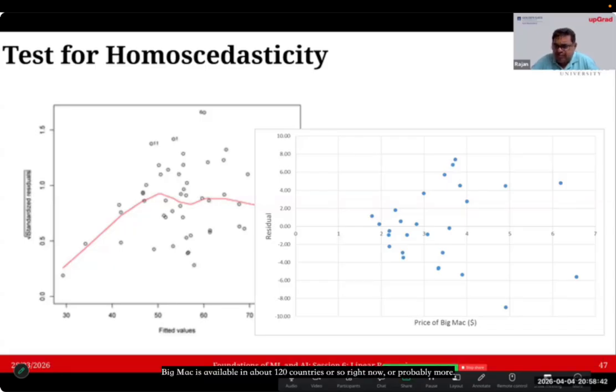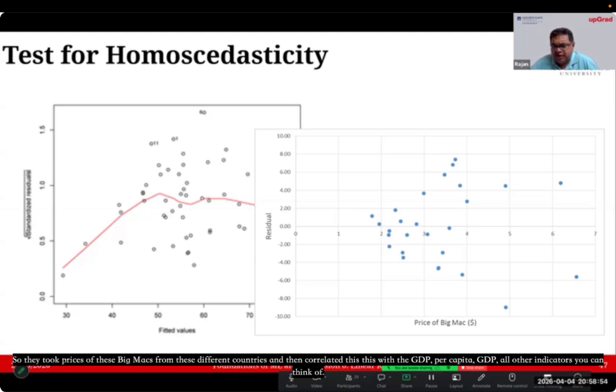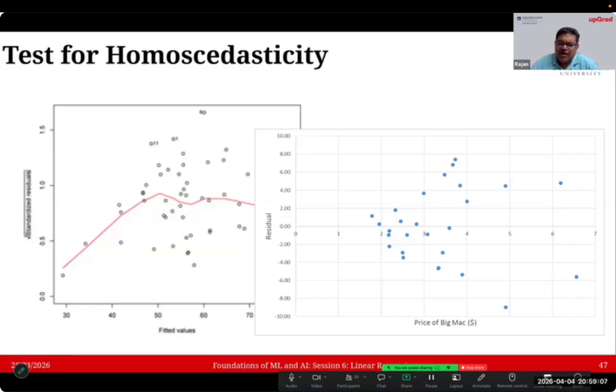Big Mac is available in about 48 to 20 countries or so right now, and the other indicators are available in 140 countries or so. So instead of setting the probability threshold, I set the threshold on the variable itself, such as per capita GDP, or any other indicator you can think of.